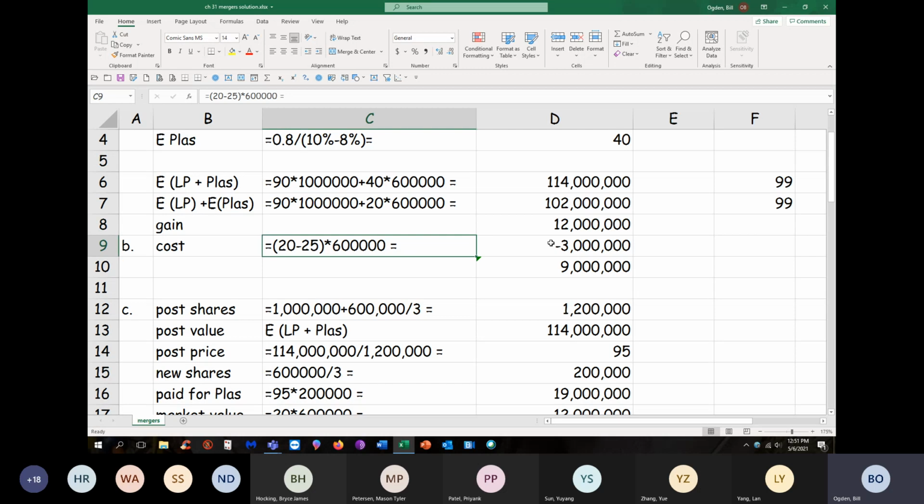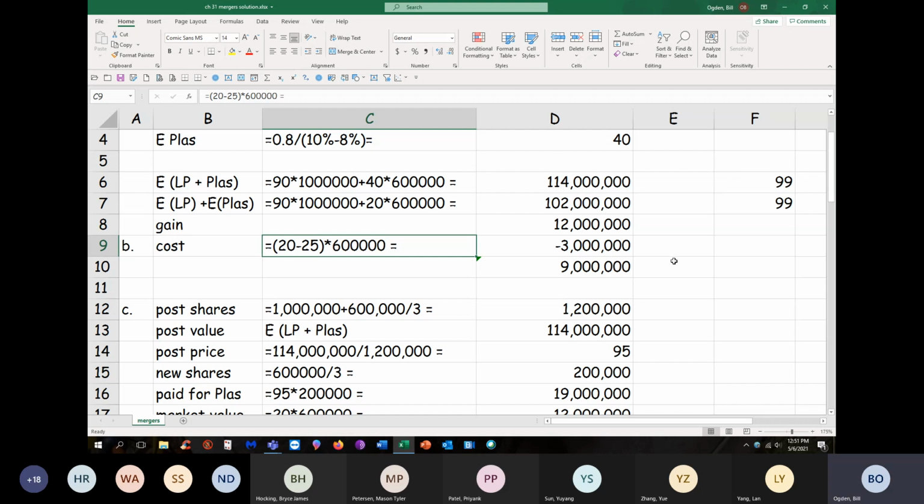So the cost of acquiring them to LP is the gain to PLAS, or $3 million. So this is not quite the same as the example that I used. In this case, the target gains $3 million. The acquiring company gains $9 million. So, okay, it's a little bit different.